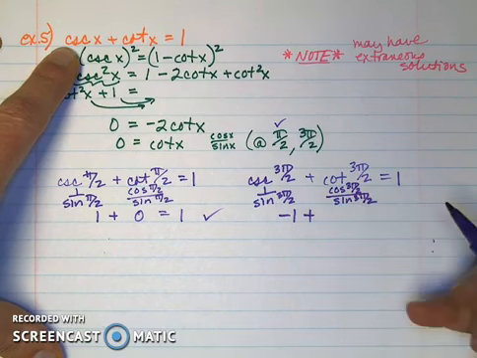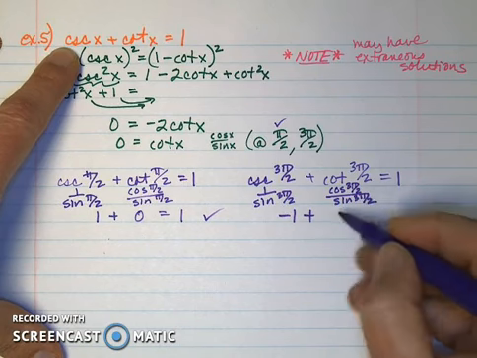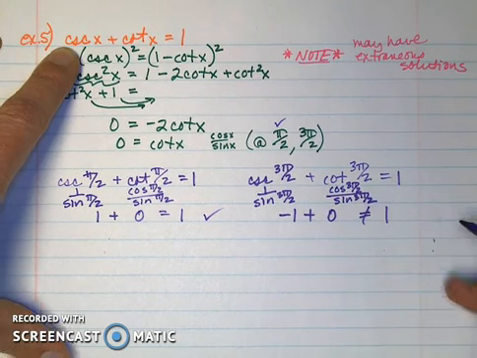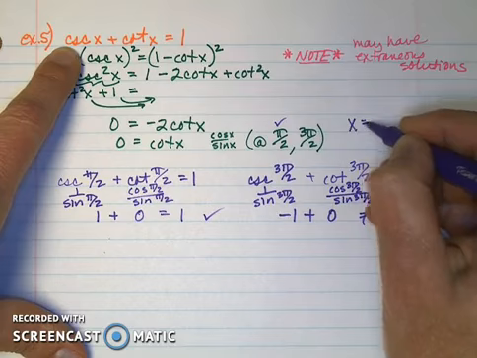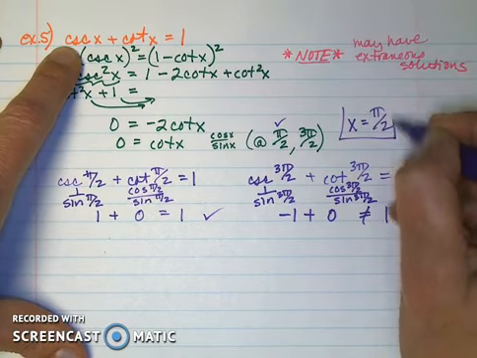Well, that's going to be 0 over negative 1, which is 0. Does that equal 1? No. So my only answer then becomes pi over 2. It's my only solution.